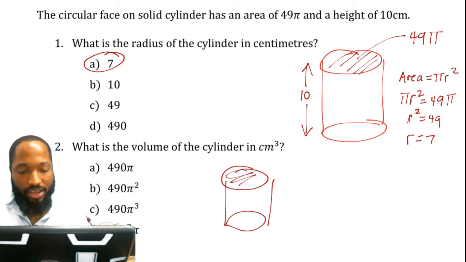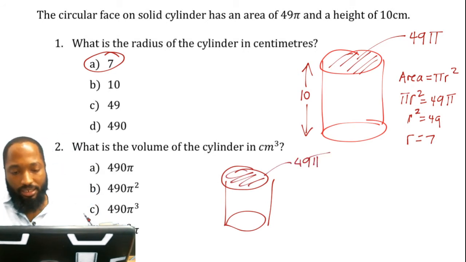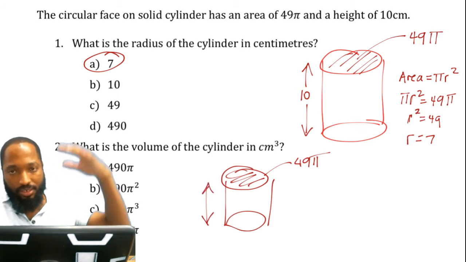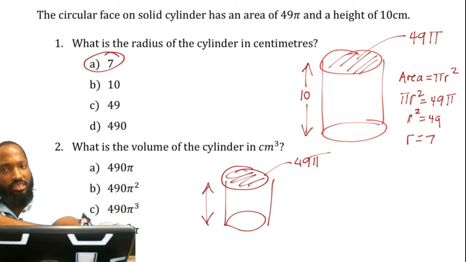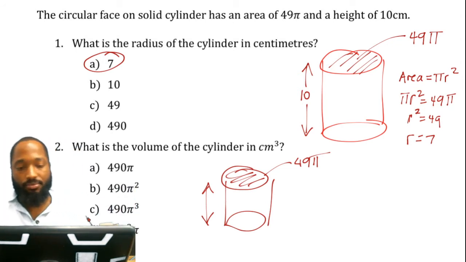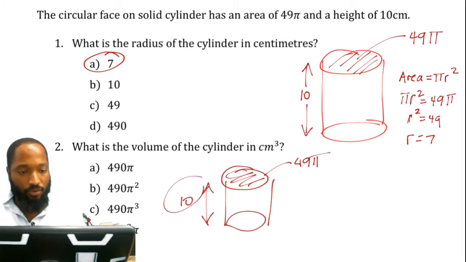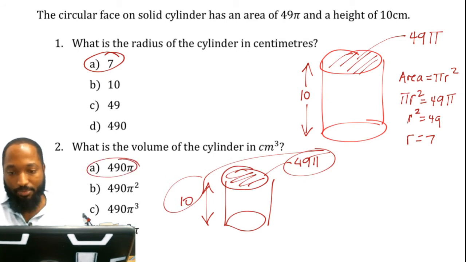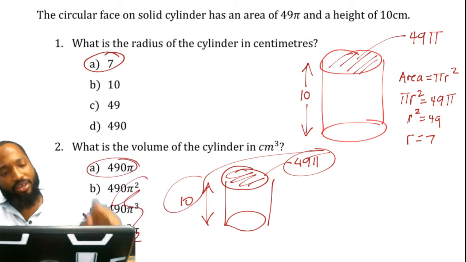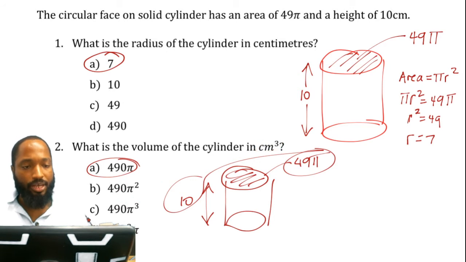So you multiply the cross-sectional area, 49 pi, by the distance along the prism or the cylinder, the length, the height that the cross-section is drawn through. So this is 10. 10 by 49 pi is 490 pi. A is the answer there. Ignore the squared and cubed, they already put cm cubed there. Alright, so we did those two yesterday. Let's get to the next part.